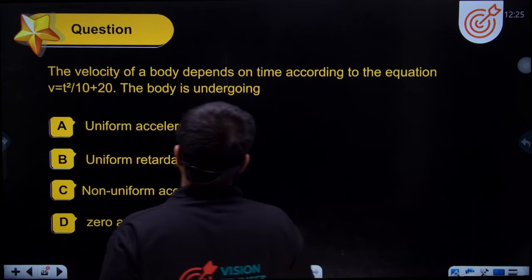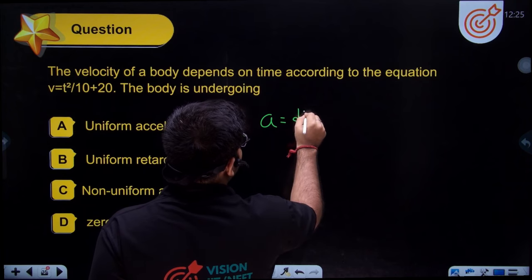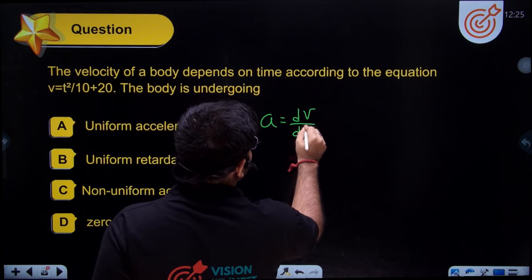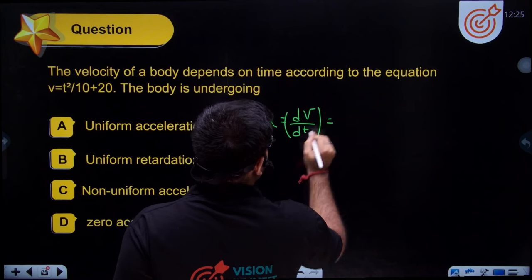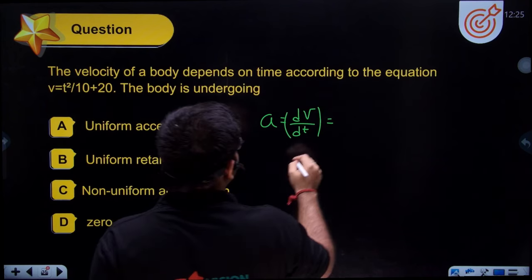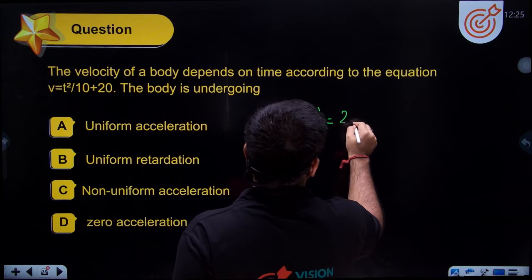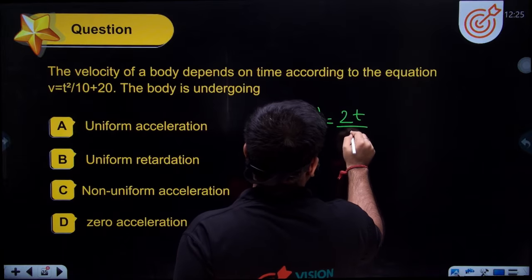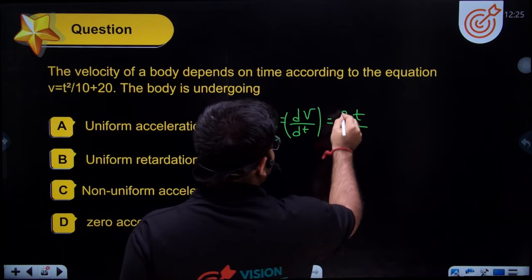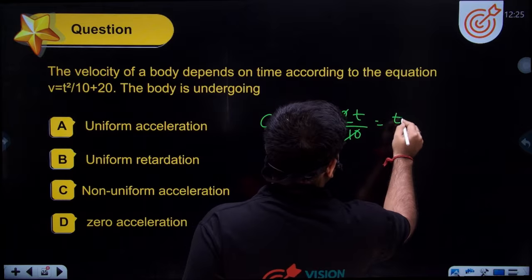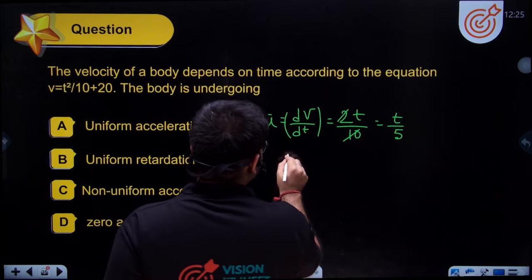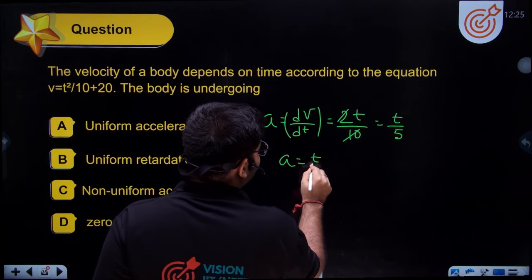So we all know that acceleration is nothing but dv dt. I am just going to differentiate this. So it becomes 2t by 10, then it is nothing but t by 5. So this is my acceleration, which is t by 5.